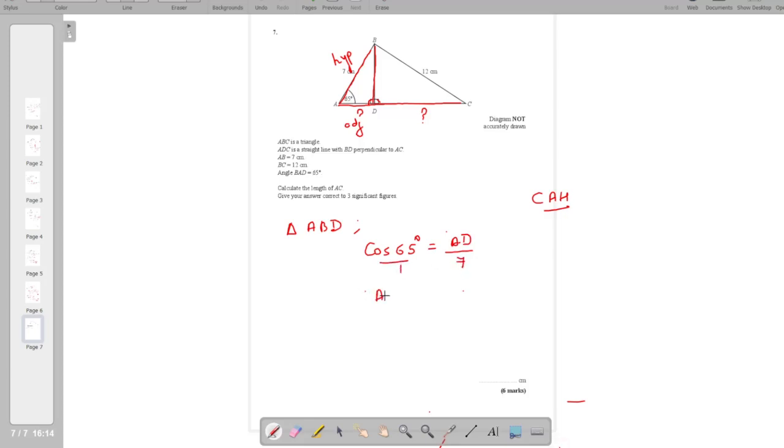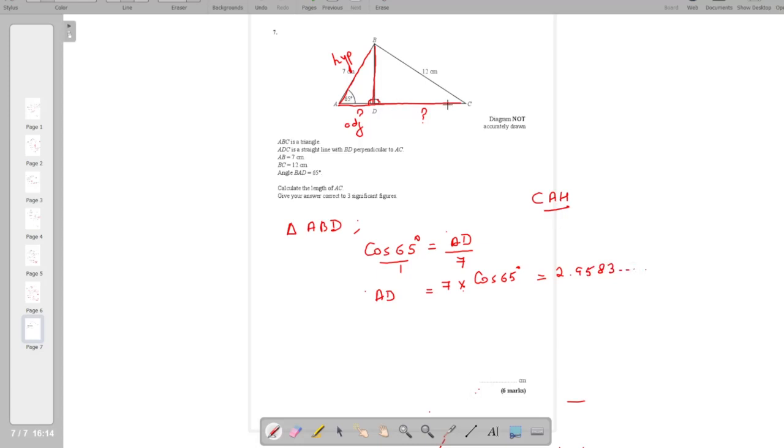Therefore, AD is 7 times cos 65. That will give you 2.9583. Now we need to find the DC.